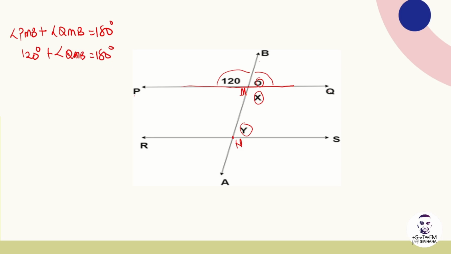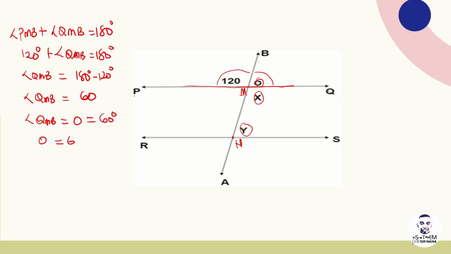So angle QMB is equal to 180 degrees minus 120 degrees, which is 60 degrees. Since angle QMB is equal to the angle at O, O is equal to 60 degrees.